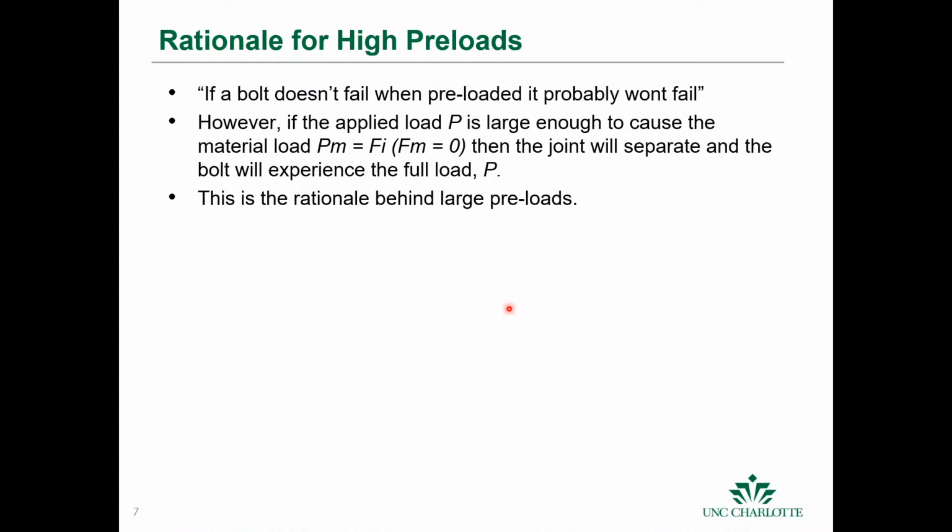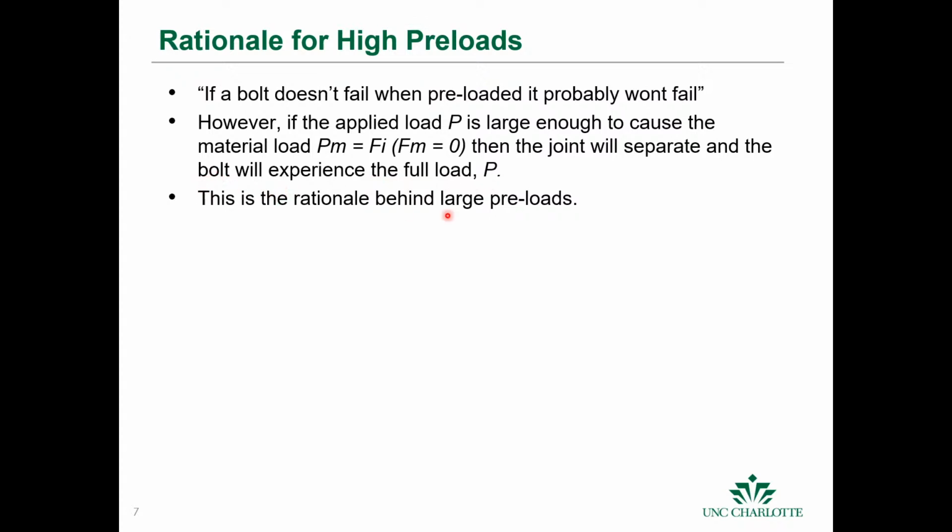So that's what they mean when they say if a bolt doesn't fail when preloaded, it probably won't fail in service. Because in service, most of the load is picked up by the material. That's by design. However, if the load is large enough to cause the load in the material to equal the preload, then the load of the material will be 0, and then the joint will separate, and the bolt will experience the full load.